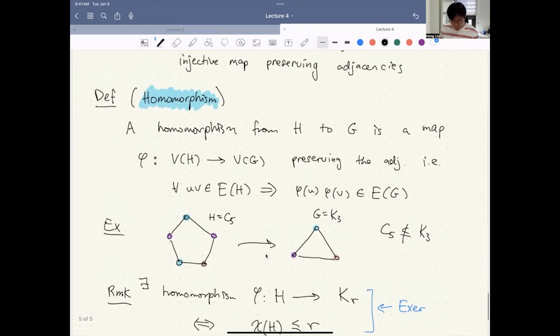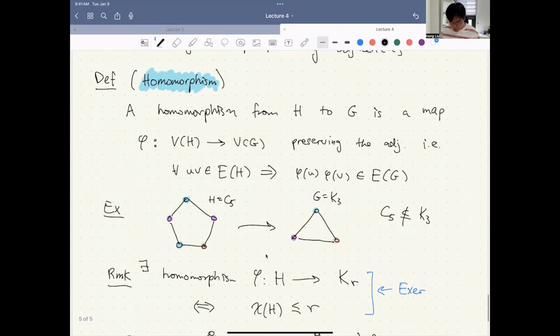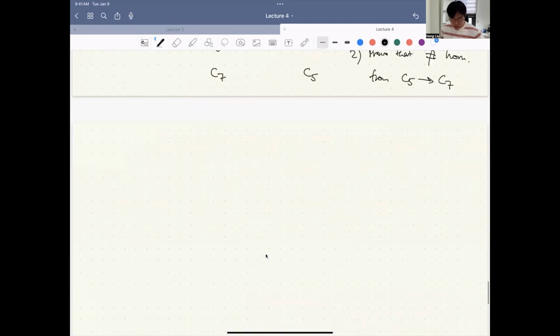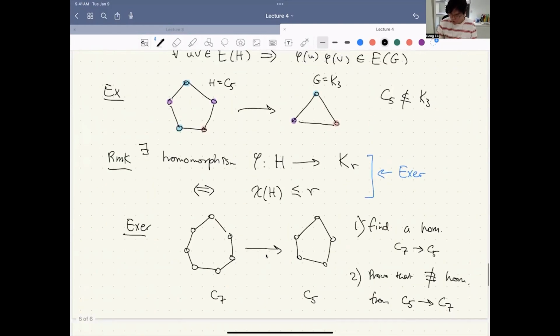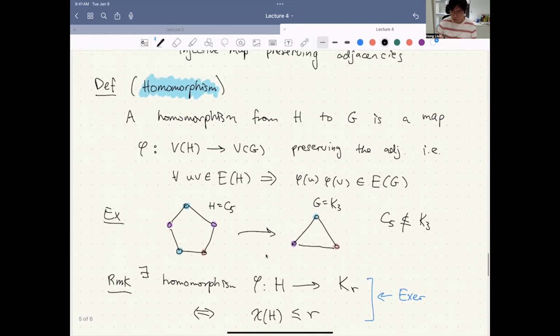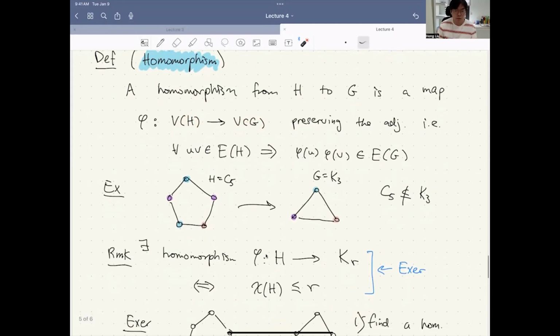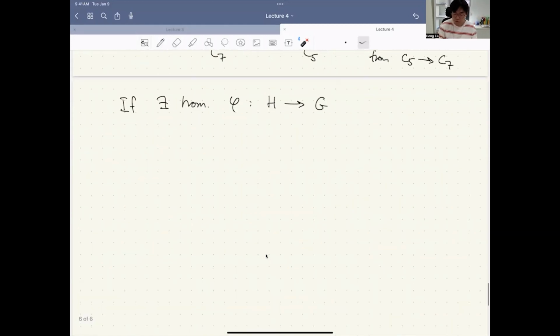Good. So to finish this definition, if there exists a homomorphism phi from H to G, well, sometimes when I say homomorphism, I just write H to G without writing the vertex sets. It's assumed. Vertices to vertices.